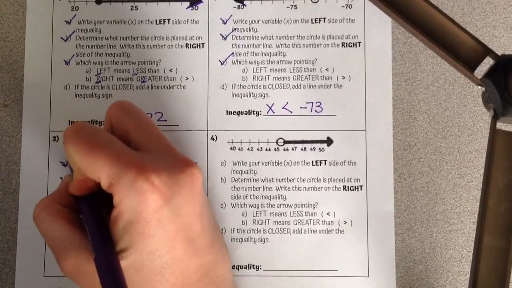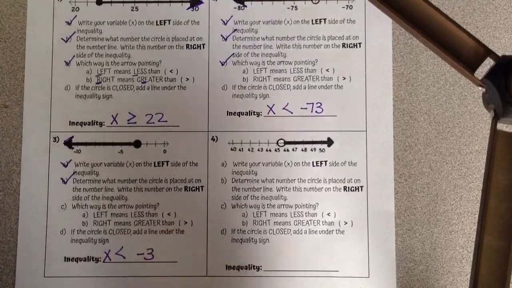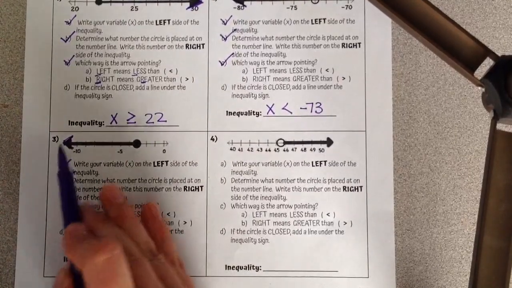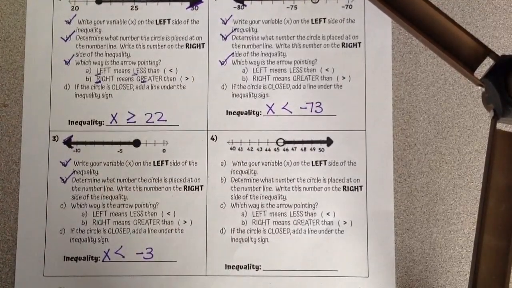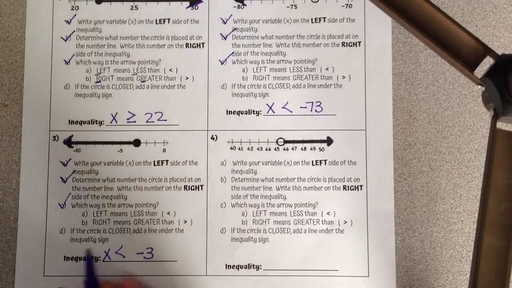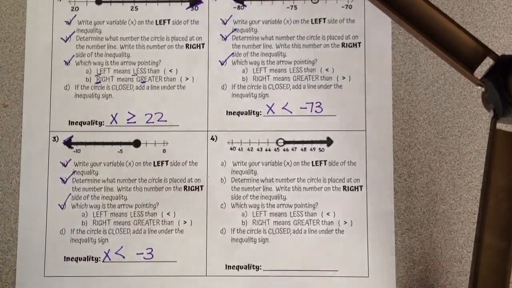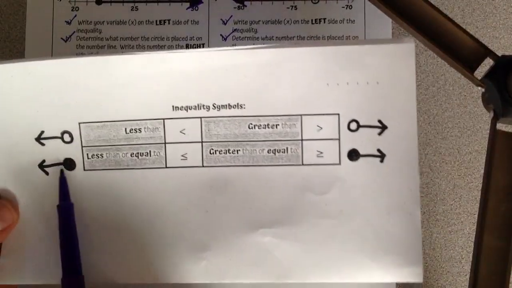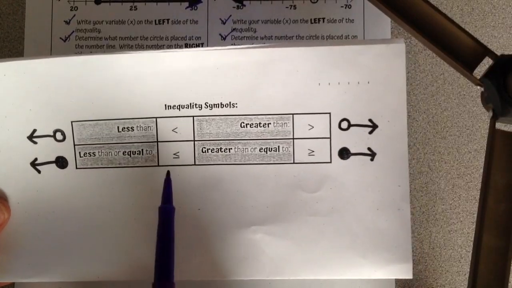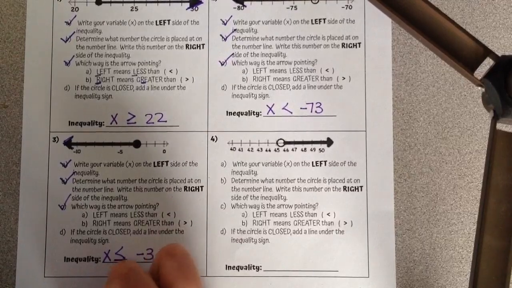It's pointing to the left, so I'm going to draw my inequality symbol just like my arrow. I'm going to determine if the circle is open or closed. In this case, it's closed. When I have a closed circle, it's going to be less than or equal to. So I'm going to add that at the bottom.